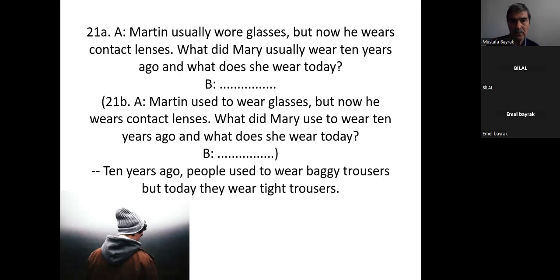So 10 years ago, people used to wear baggy trousers. It was a fad, okay, a trend. 10 years ago, people used to wear baggy trousers, but today they wear tight clothes. Yes, wearing tight trousers is a fad today, a trend today.